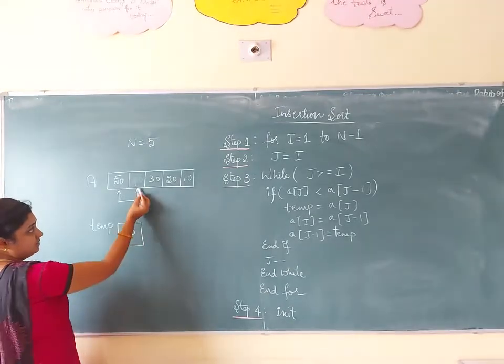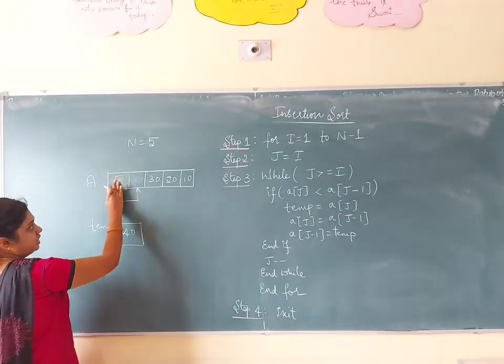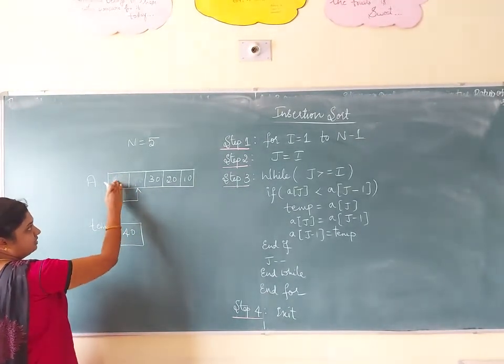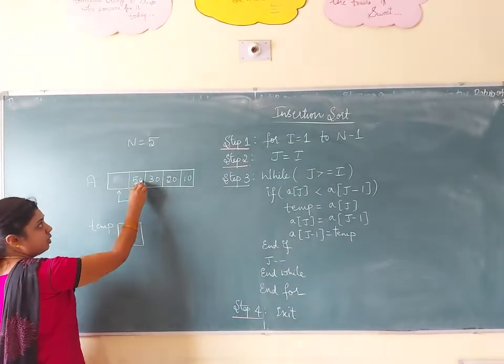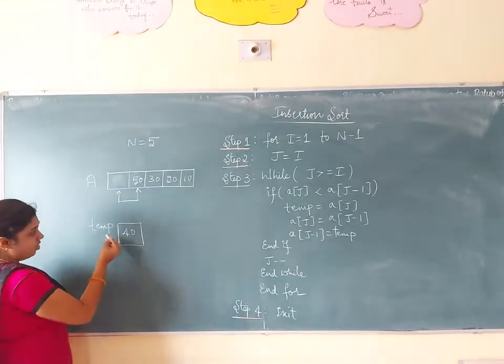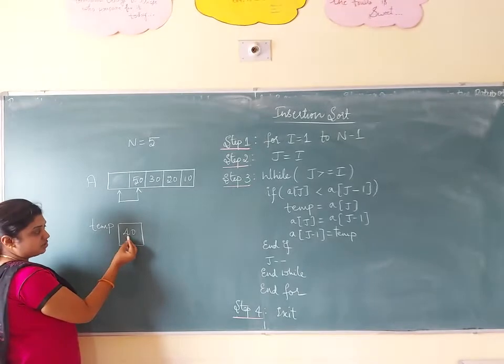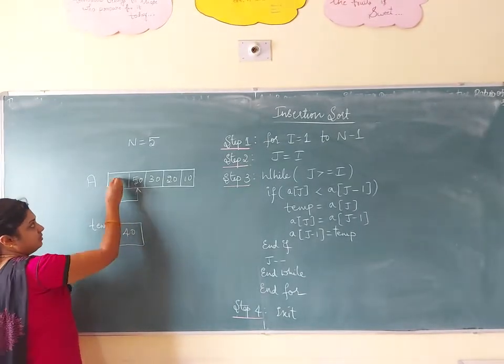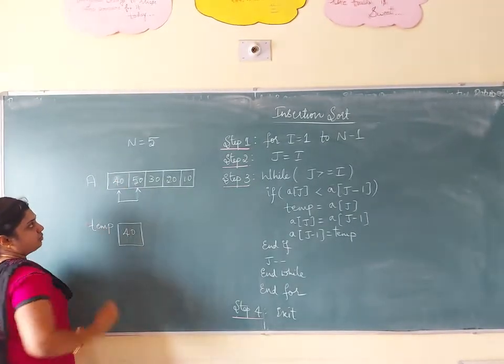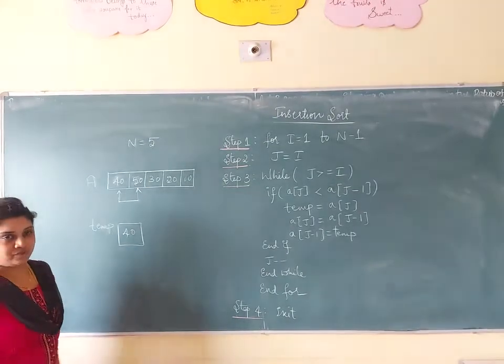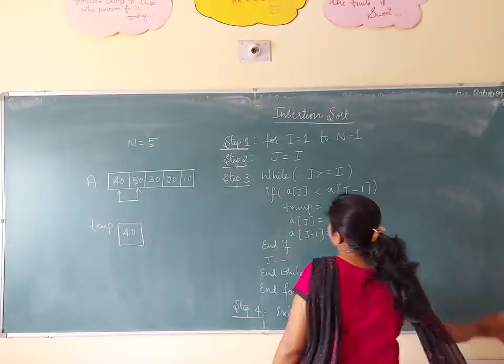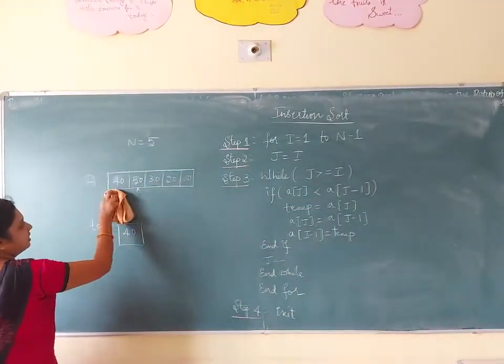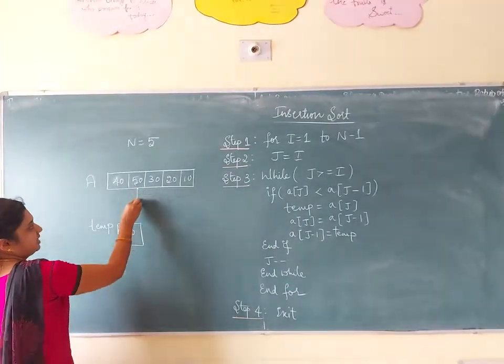Then this place becomes empty, so you move the value 50 to position 1, and the 40 stored in the temp variable is shifted to position 0.